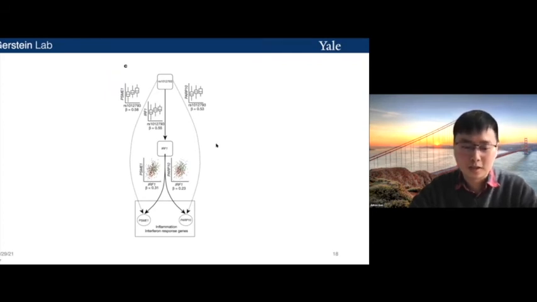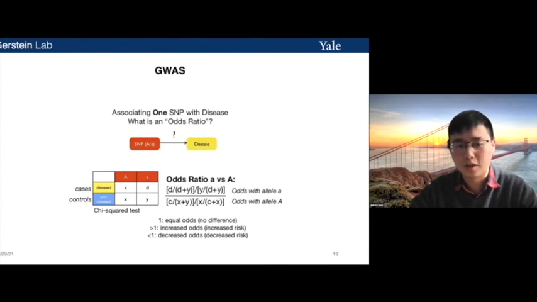So this is basically how you could associate a SNP to a gene. And the next step is, how could we associate a SNP with certain traits or phenotypes? That is the topic of genome-wide association study, or GWAS.